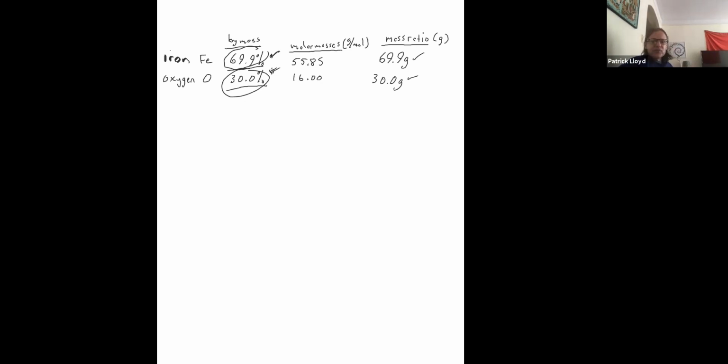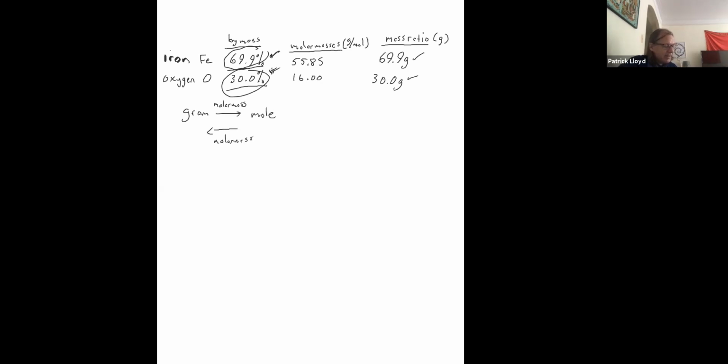Now what we can do is we can go back to section 3.4, which we talked about last week, last Thursday. We can always do gram to mole conversions using the molar mass, or we can do mole to gram conversions using the molar mass.